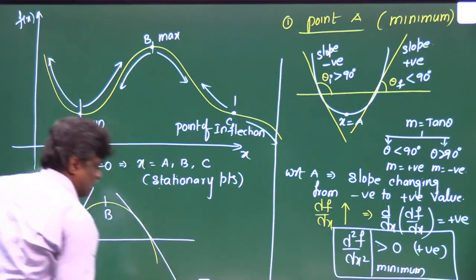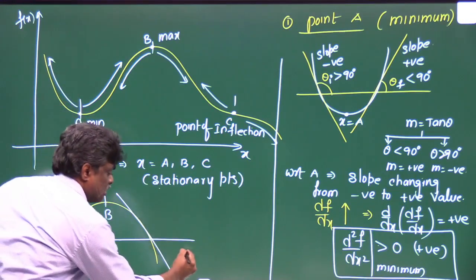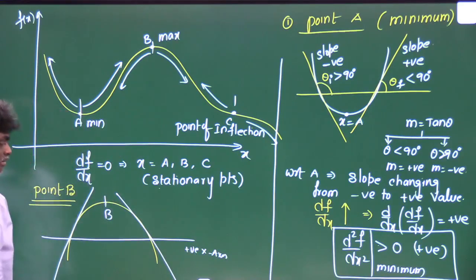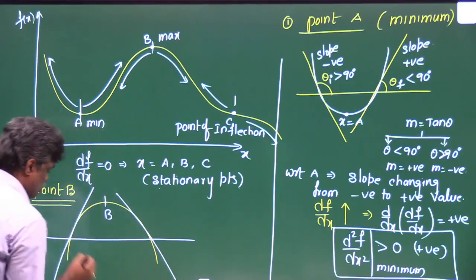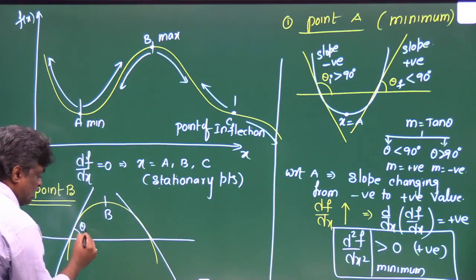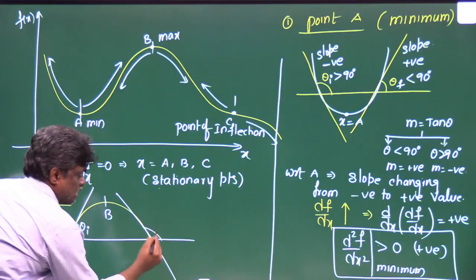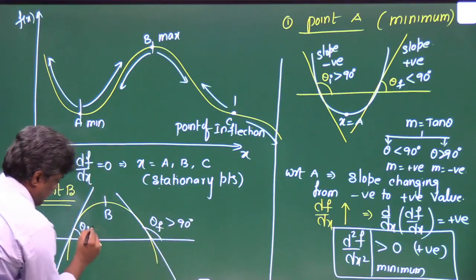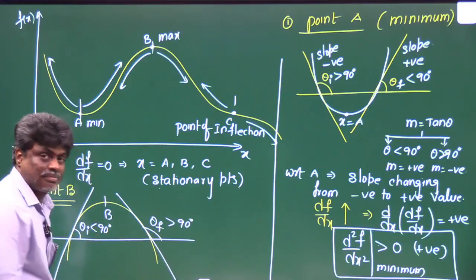I have taken a horizontal line, that is the positive x-axis. So here I hope you understand, this is varying like this, means this is the initial theta and this is the, we can say, final theta. This is greater than 90 degrees and here it is less than 90 degrees.